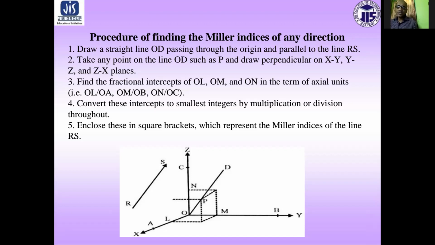Now again, we need to convert these intercepts to smallest integers by multiplication or division throughout. And last of all, enclose these in square brackets, which represent the Miller indices of the line parallel to RS.